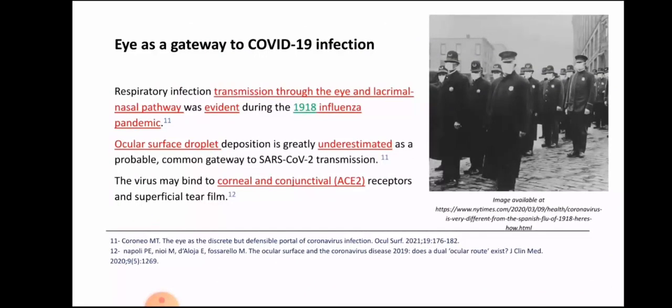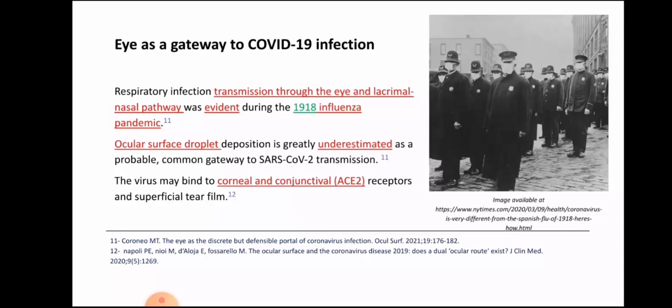Eye as a gateway for infection. It has been proved that respiratory infection can occur through the eye in the Spanish influenza pandemic which occurred in 1918. This route of transmission is greatly underestimated in COVID-19 infection.